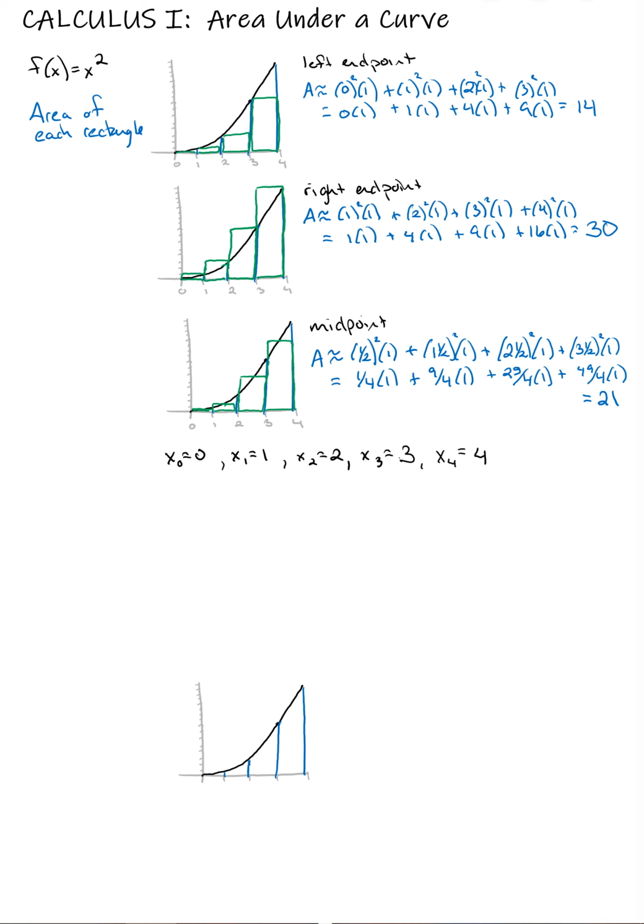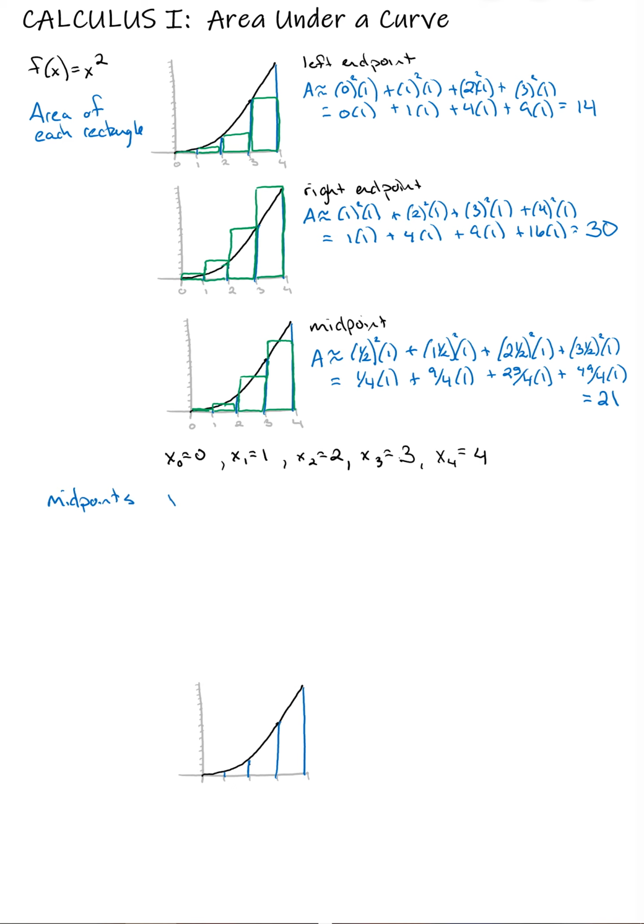So looking at kind of how we set all of these up, they all kind of follow the same pattern. What we ended up doing, you'll notice I've marked out my first point, x0 is 0, x1 is 1, x2 is 2, x3 is 3, and x4 is 4. So if we want to go with the midpoint, let's just list out what those midpoints are.